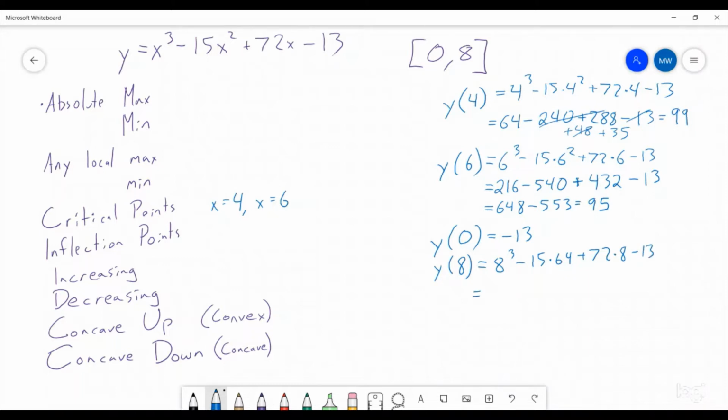We get 8 cubed, that's 64 times 8, so 128, 256, 512. Then 15 times 64, that's 960, plus 72 times 8, that's 576.